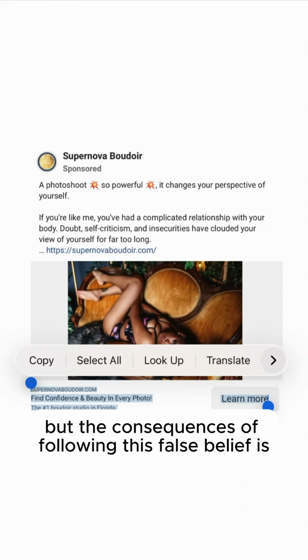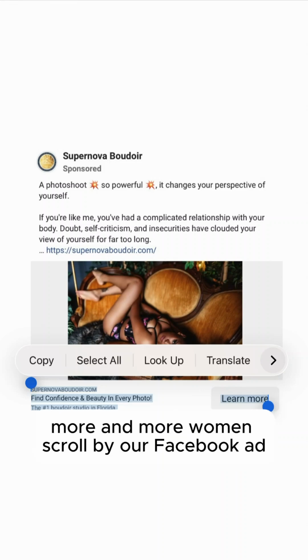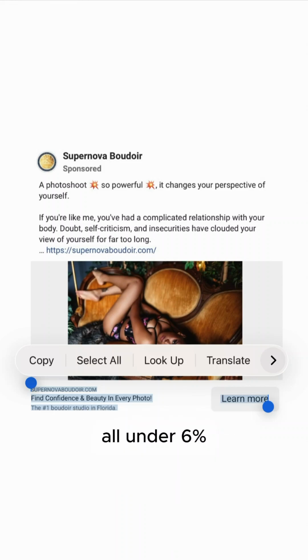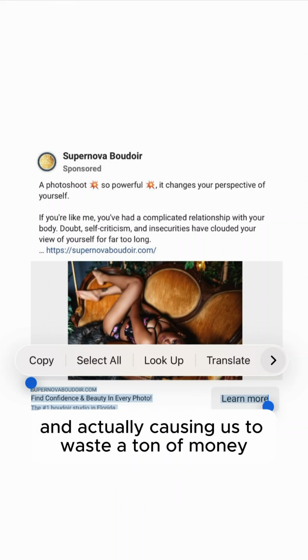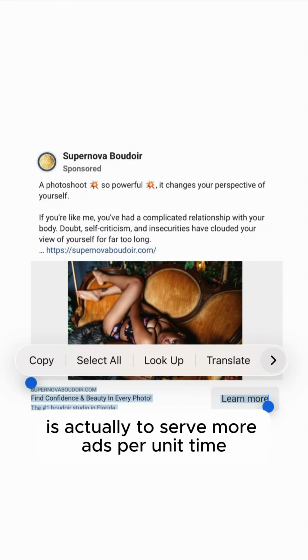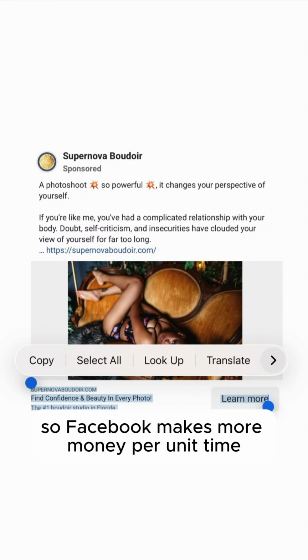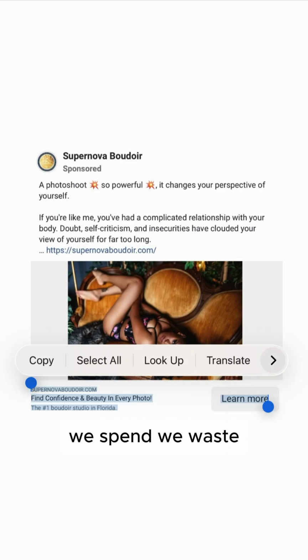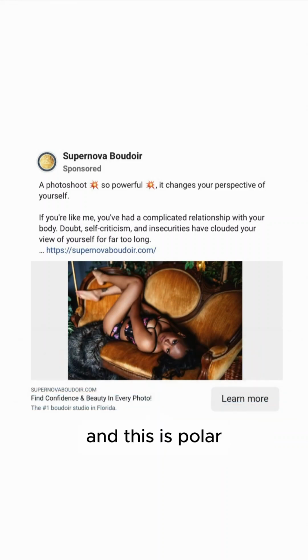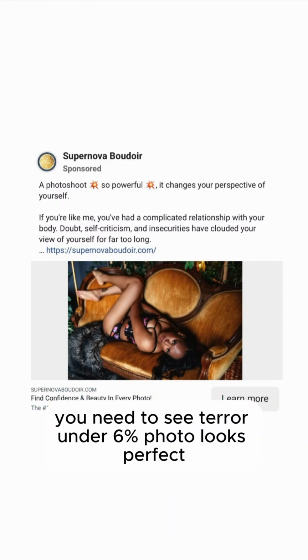But the consequences of following this false belief is more and more women scroll by our Boudoir Facebook ad out of 100, pulling our unique CTR under 6%, and actually causing us to waste a ton of money. Now, what Facebook gets is actually to serve more ads per unit time. So Facebook makes more money per unit time. We lose more money per unit time when we do this. And this is pulling our unique CTR under 6%.